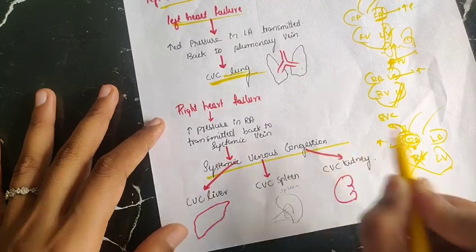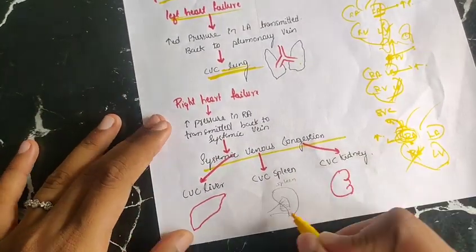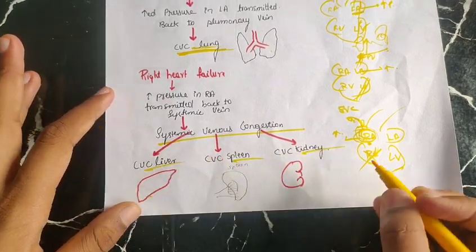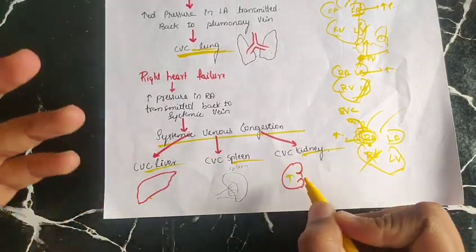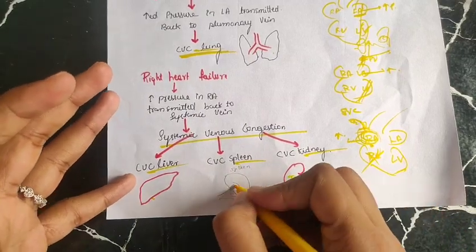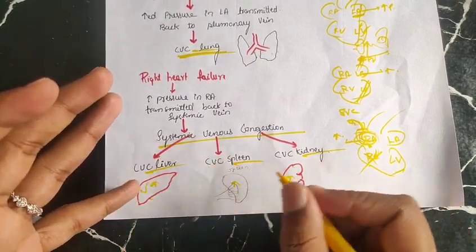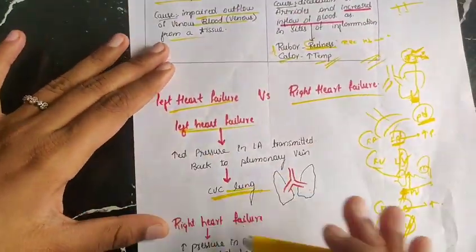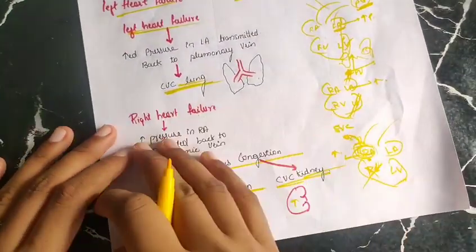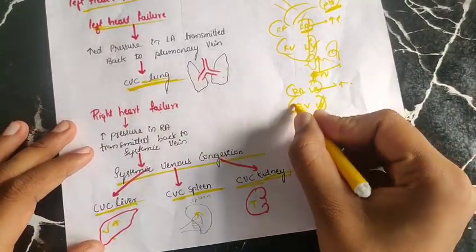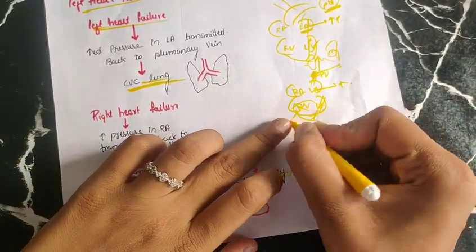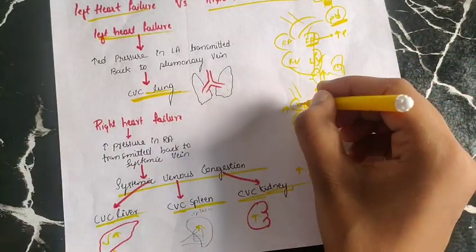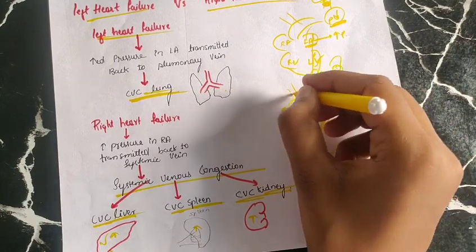So there will be systemic venous congestion. This leads to the superior vena cava and inferior vena cava, which supply the liver, spleen, and kidney. So there will be accumulation of venous blood in the kidney, spleen, and liver. This causes CVC liver, CVC spleen, and CVC kidney. To summarize, in right heart failure the right ventricle fails to pump, so pressure increases in the right atrium and is transferred into the superior vena cava or inferior vena cava.